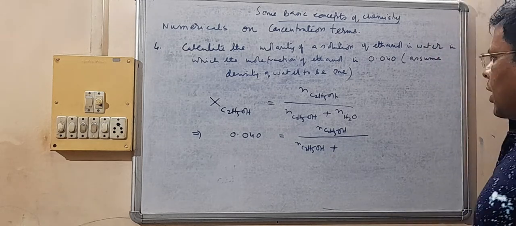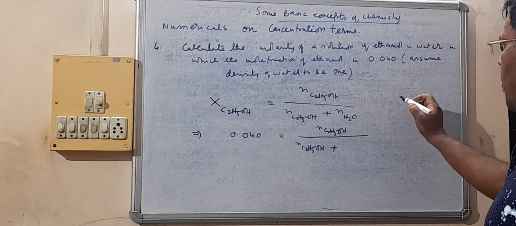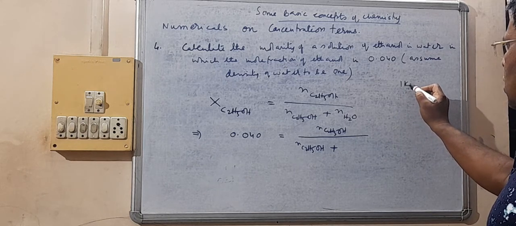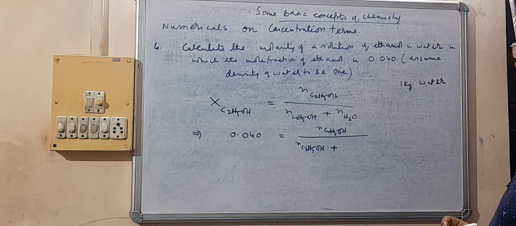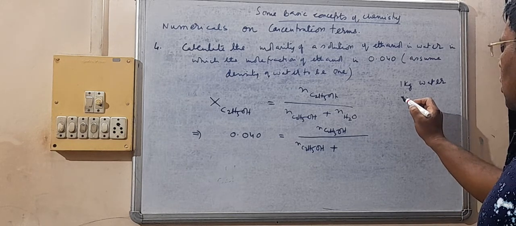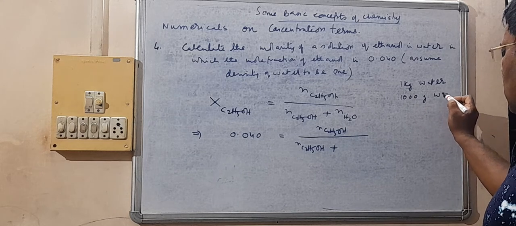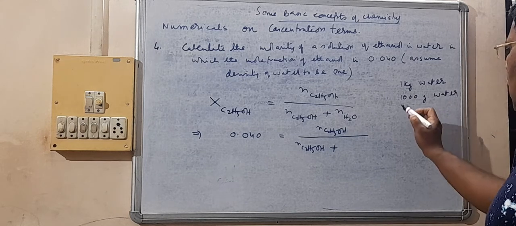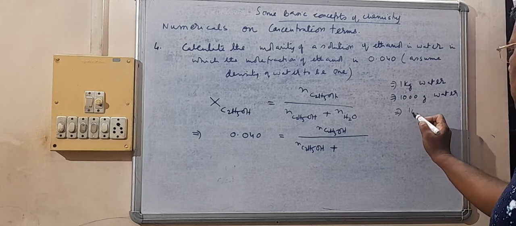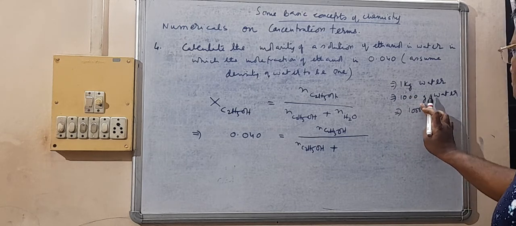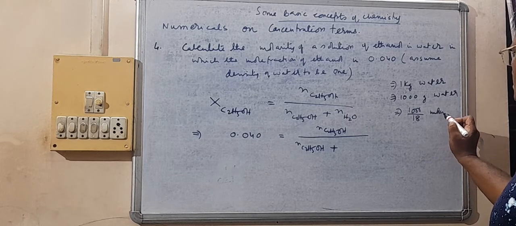Now let us consider the solution. Let us consider solution with 1 kg of water. 1 kg of water means 1000 gram water, and 1000 gram water means 1000 by 18 moles of water.